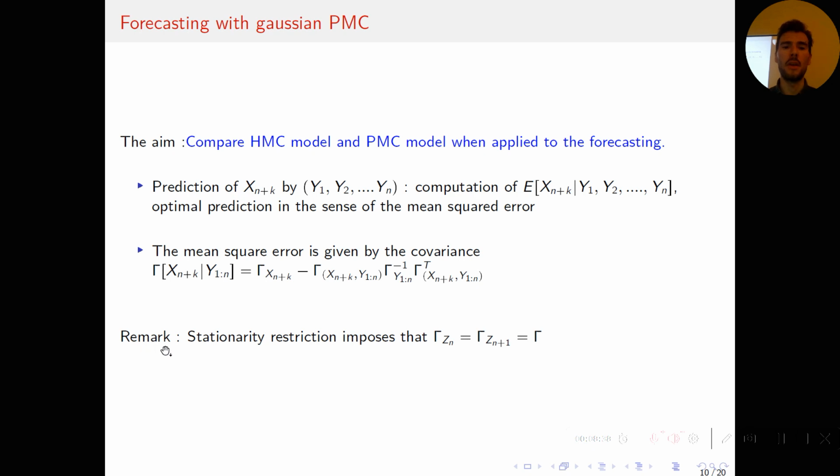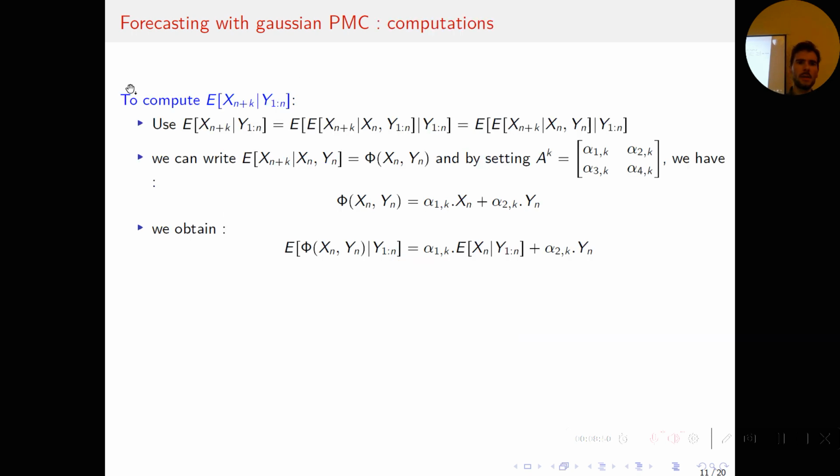It is important to remark that since we are in a stationary model, the covariance matrix of our variable z is constant over time. So to compute the first term, the conditional expectation, we can use the law of total expectation, of total probability, and then use the Markovian property of our couple.